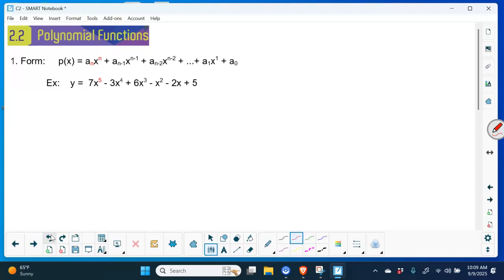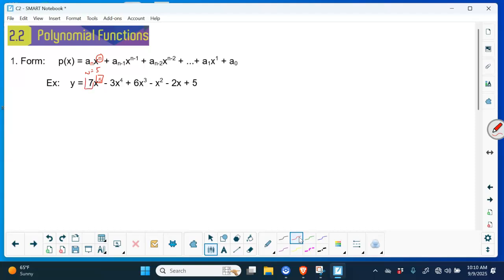All right, so let me just first off get you to understand. This n is the highest power of the polynomial. In this case, n is 5. And a sub n means the coefficient of the fifth power term.